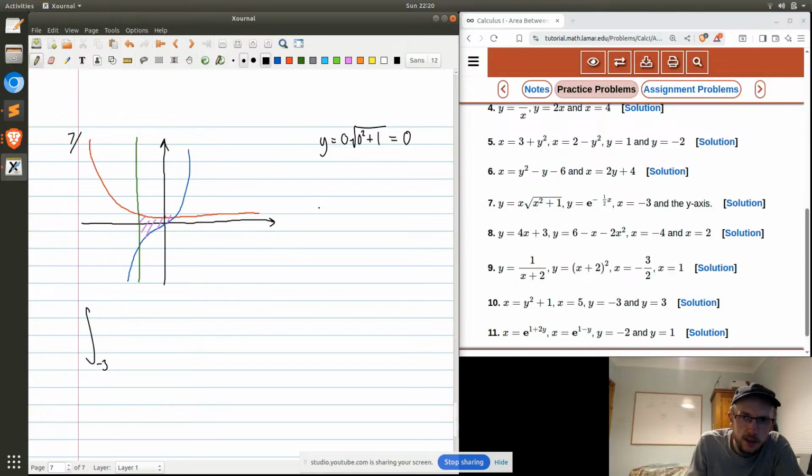So let's solve that. We'll solve it, but I just want to say that it's going to be e to the minus half x minus this. That's what I believe, but let's just work out the upper limit of integration, yeah? So solve when they actually meet.